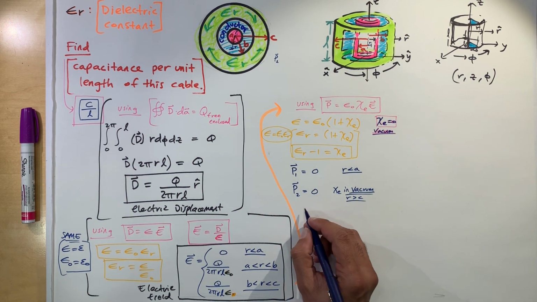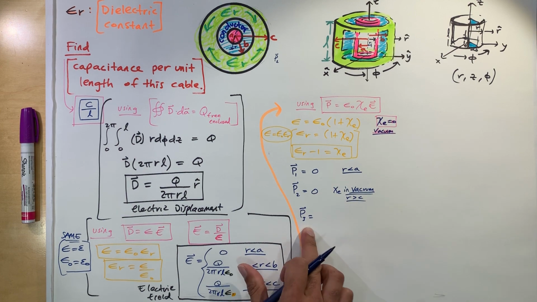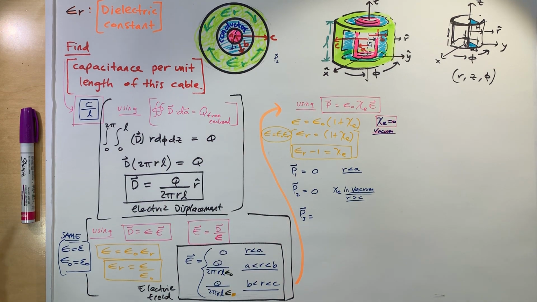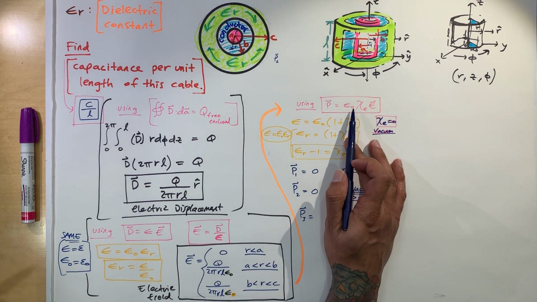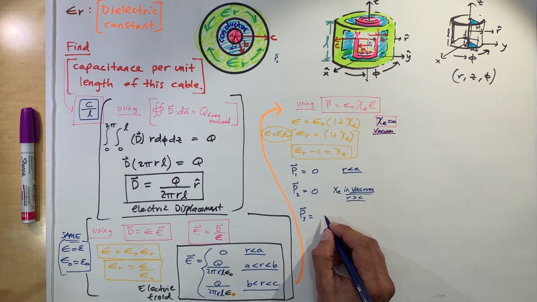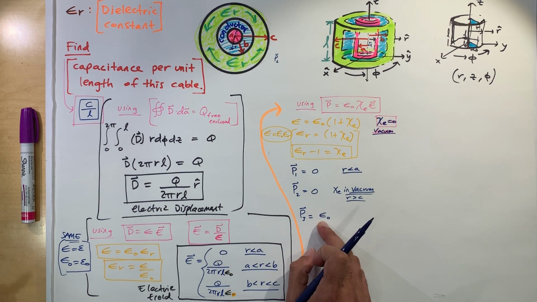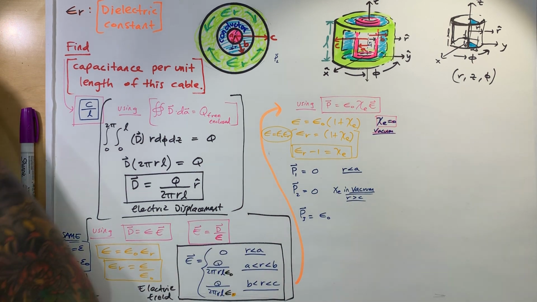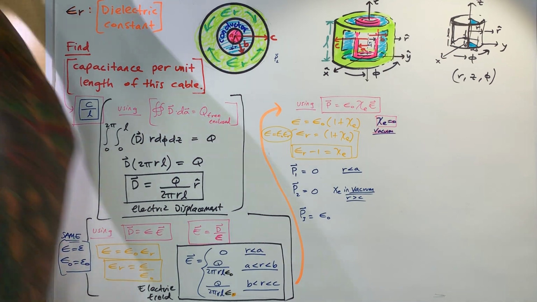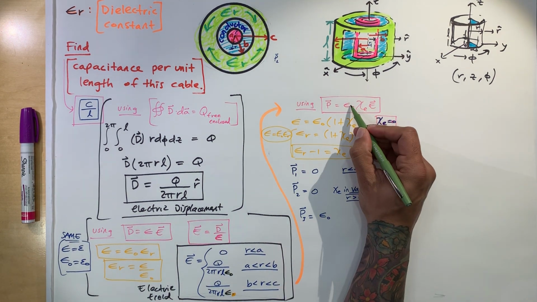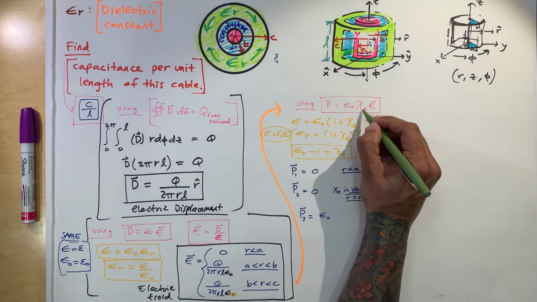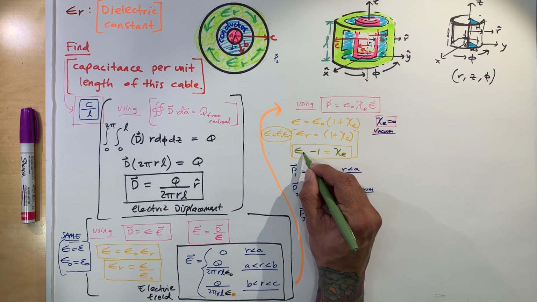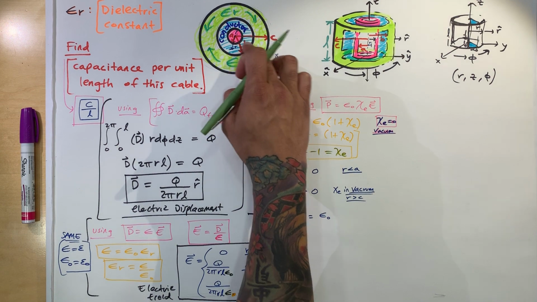Now the region that is interesting, polarization for region 3, which is inside of here. We have epsilon naught, then we have chi E, and we solved here for chi E. It all of a sudden appears because now we're inside of a material.